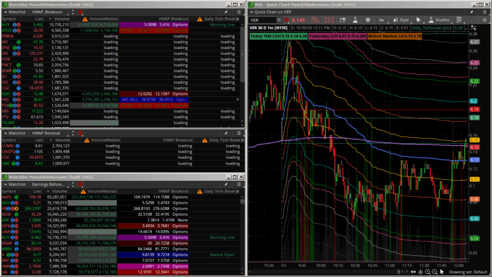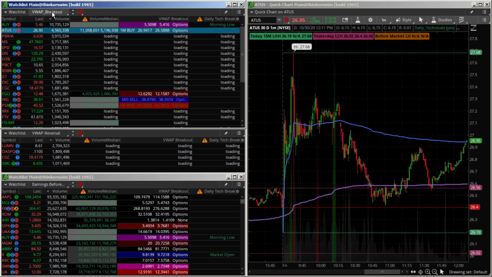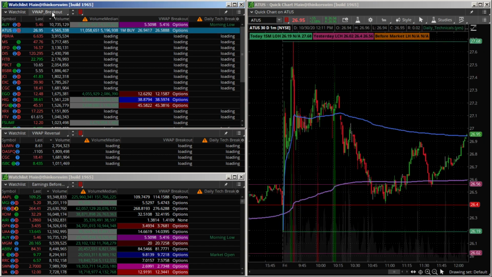So what are the names of the three lists? The top list is looking for what? The middle list is just scanning the market for reversals, and the bottom list is doing what? The bottom one is just the earnings for today.